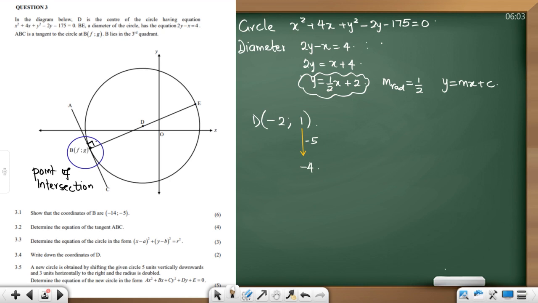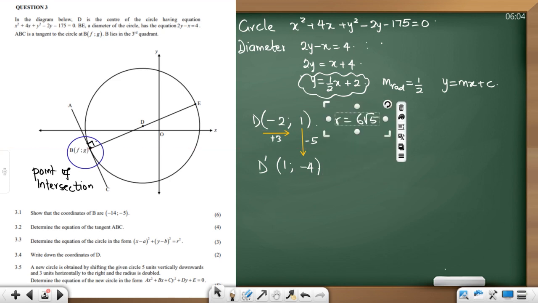And 3 units horizontally to the right. It only affects the x. All right. So 3 minus 2 would give us 1. This is the center. Let's call it the image of the new circle. And the radius is doubled. Oh, our initial radius, 6 root 5. Oh, no, I shouldn't put it there.